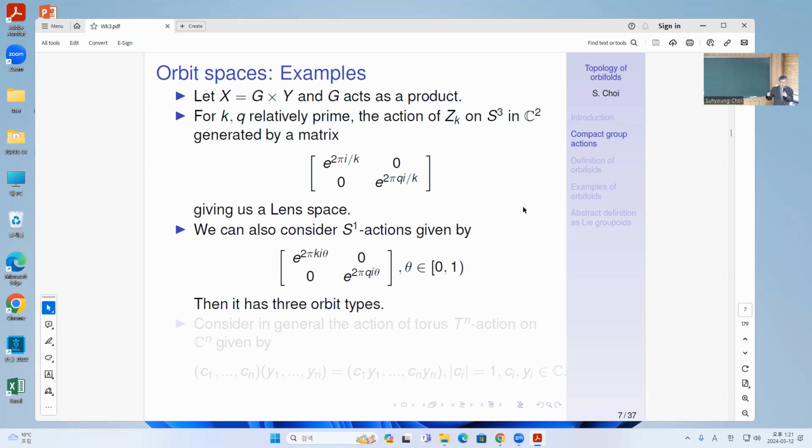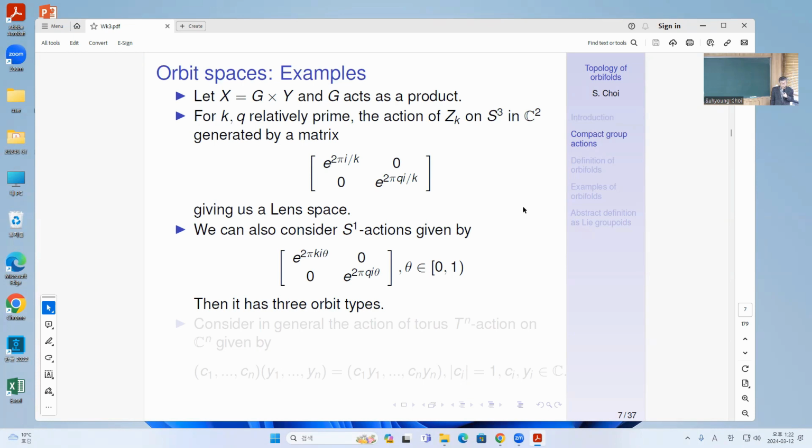If you set the second coordinate to 0, then it will have a k period. If both coordinates are not 0, then it will have a kq period, because it only comes back to itself then. So S^1 will act faithfully on some, and on the other orbits it won't act faithfully. So it has three orbit types.